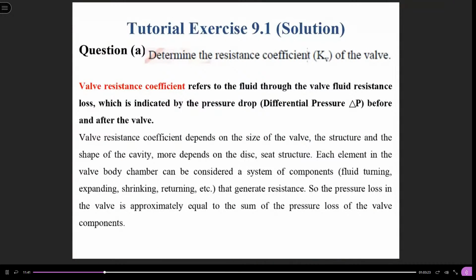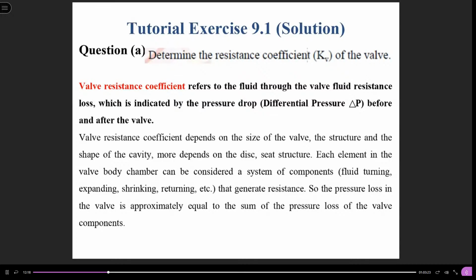Okay, for question A, determine the resistance coefficient of the valve. We have known that valve resistance coefficient refers to the fluid resistance loss through the valve, which is indicated by the pressure drop before and after the valve. Valve resistance coefficient depends on the size of the valve, the structure and the shape of the cavity.